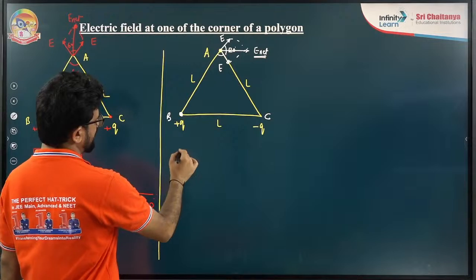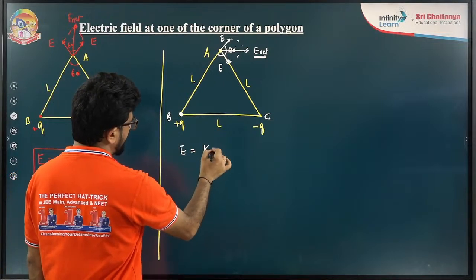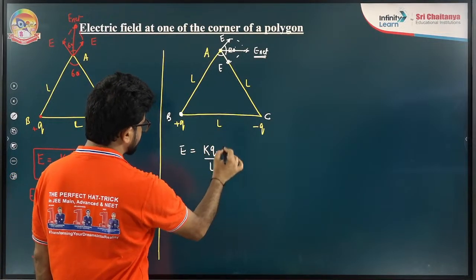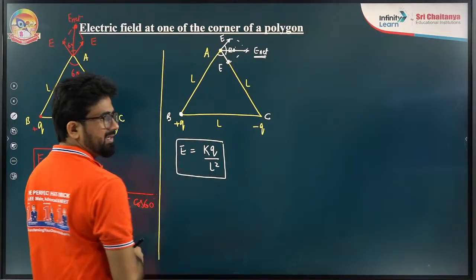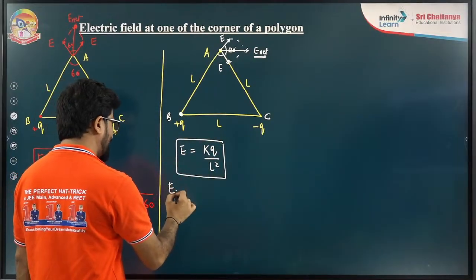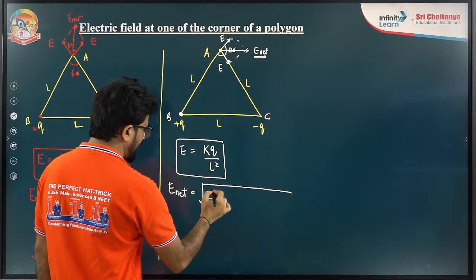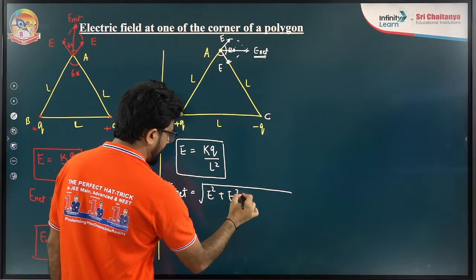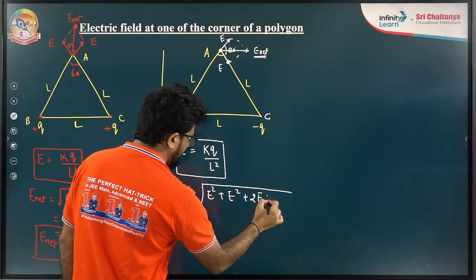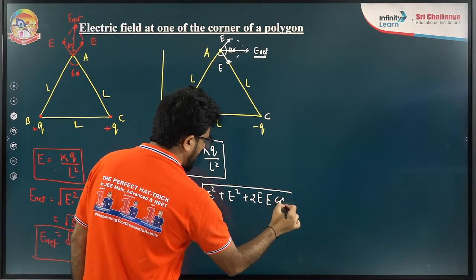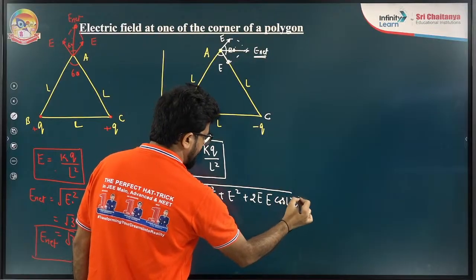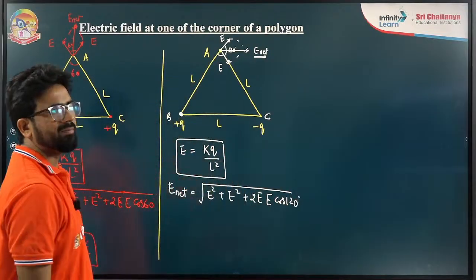So again you will say, sir, E is equal to KQ by L square. Again I want to calculate E net. E net would be how much? E net would be under root of E square plus E square plus 2 times E into cos 120 degrees. Cos 120 is minus 1 by 2.